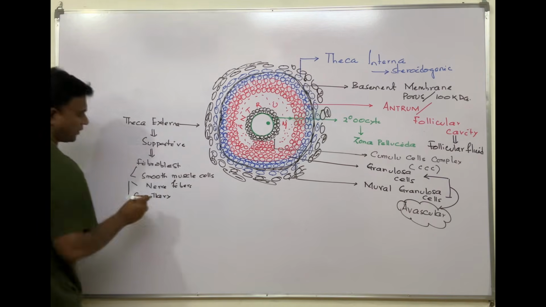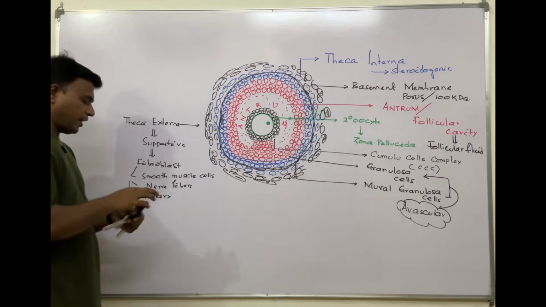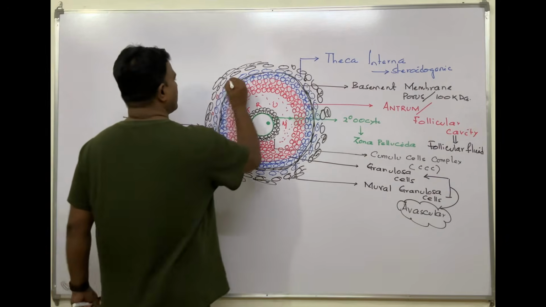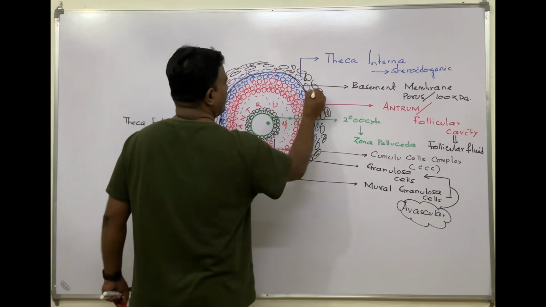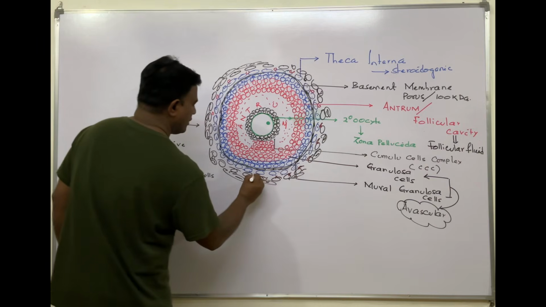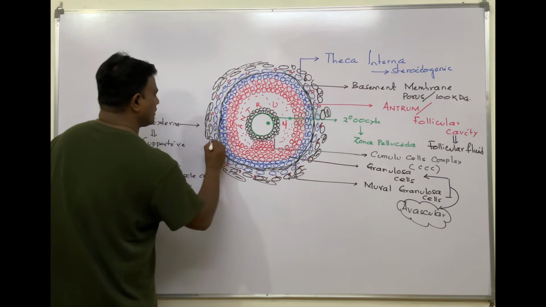They are also present. I can draw here with the red pen what you are seeing in the cross section. The red pen structures are showing the blood capillaries, which will carry the important messages to the inside.